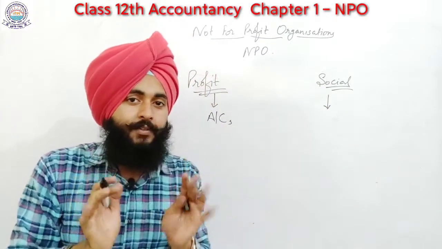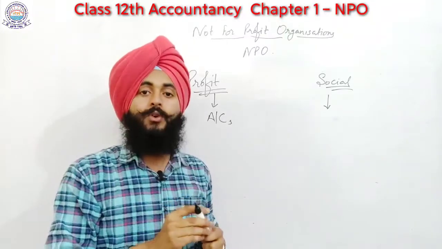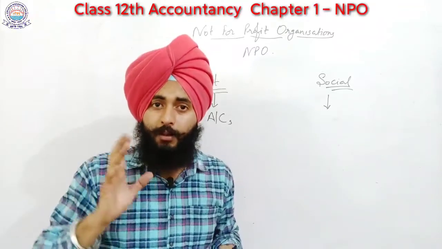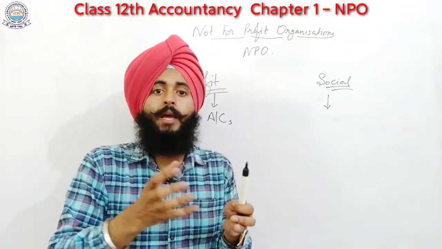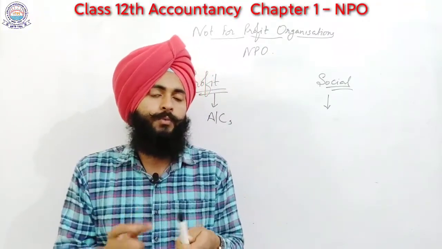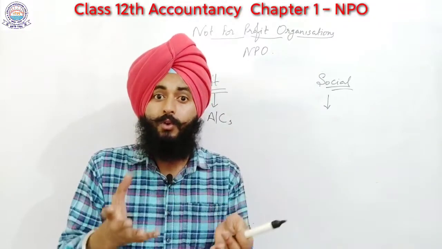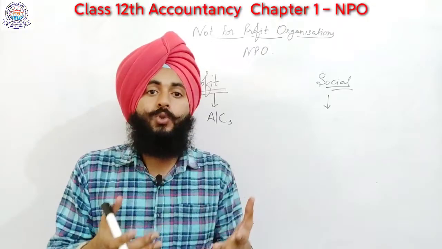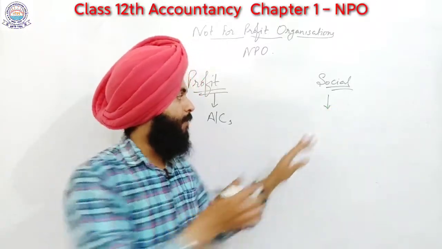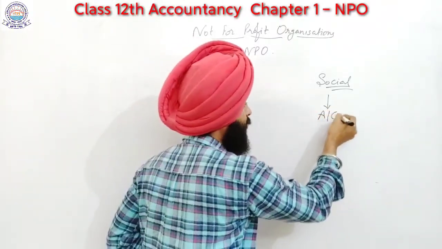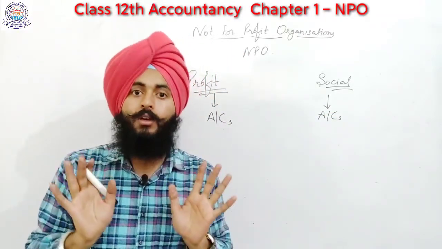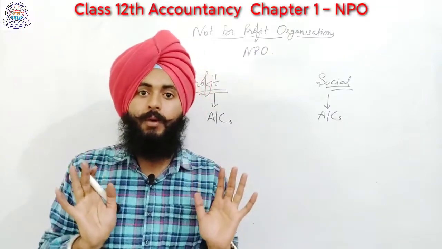In social activities also, if you have any kind of club, or even if you are managing a religious place, it may be a temple, gurdwara, or any kind of institute, वहाँ पर भी similarly we will make accounts, journal entries वहाँ पर भी होंगी, ledger accounts we will make.